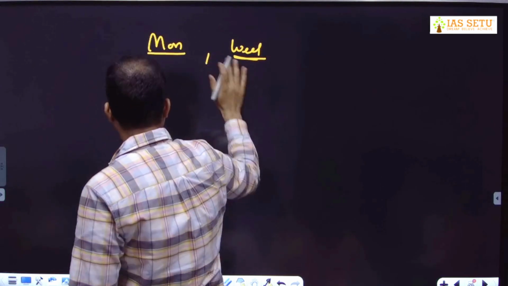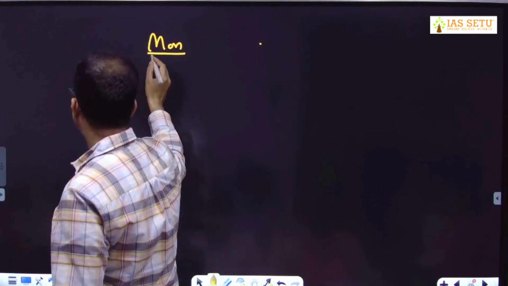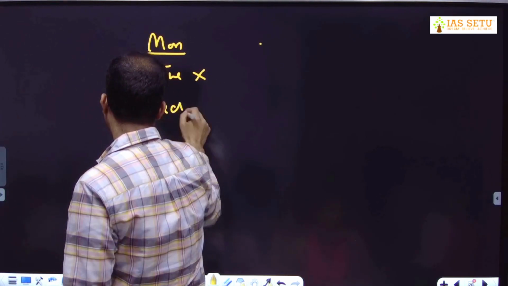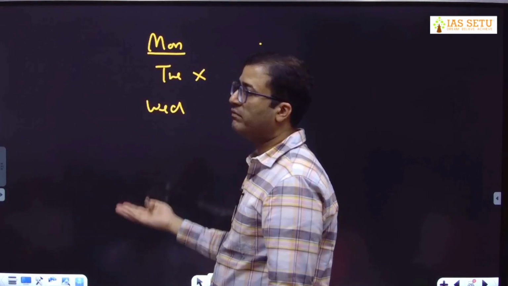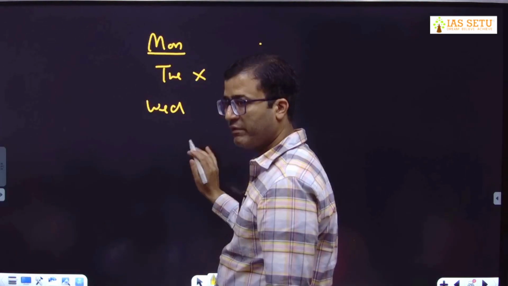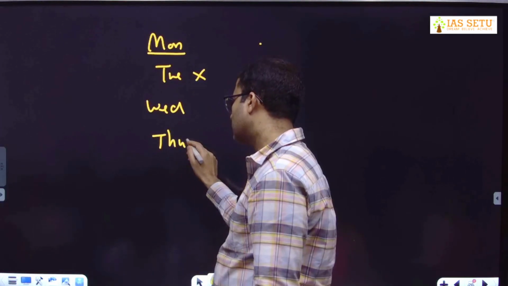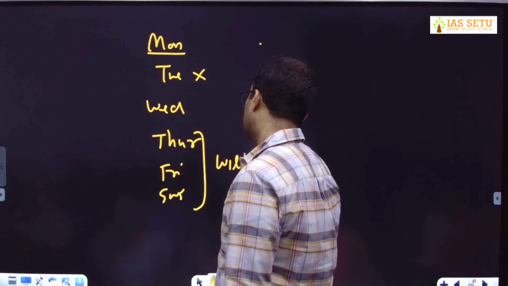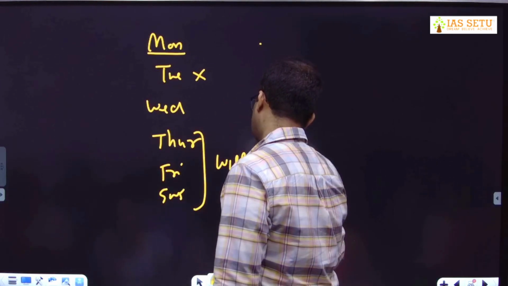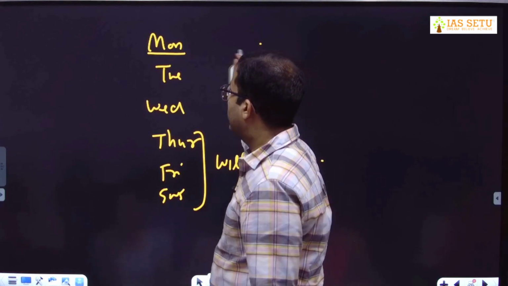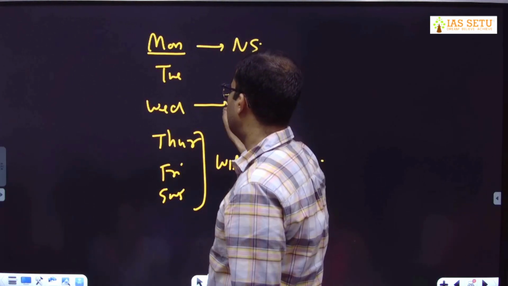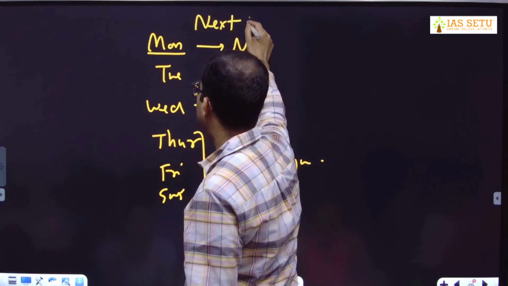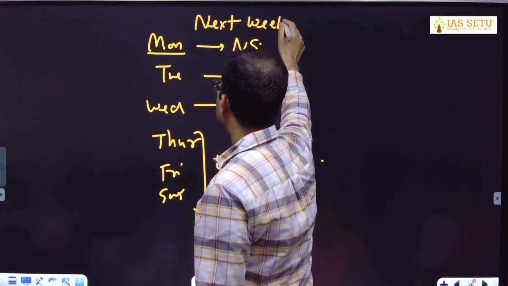Monday we have class, Tuesday no class, Wednesday we have class, Thursday, Friday, Saturday I will inform you later. We will do number system basics. Wednesday also we will do number system basics. This is next week's timetable.